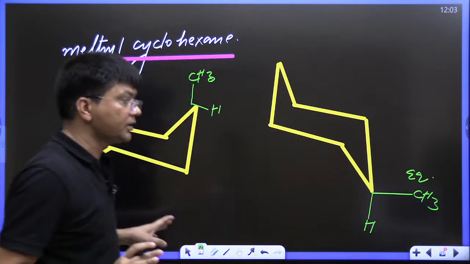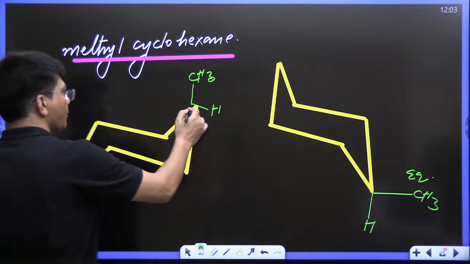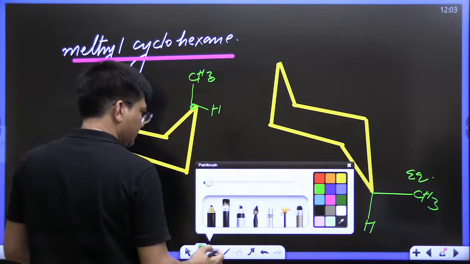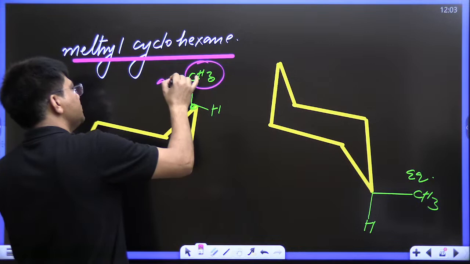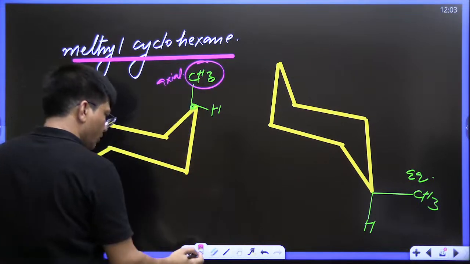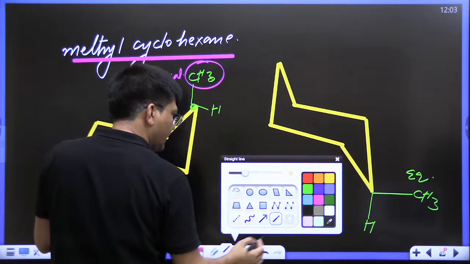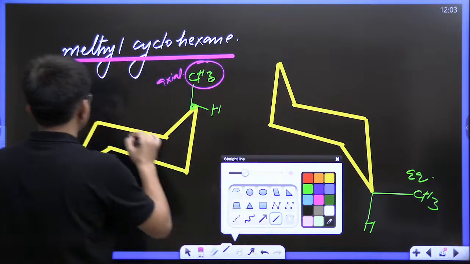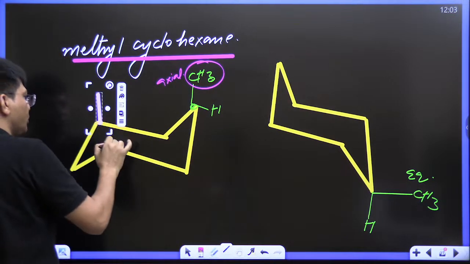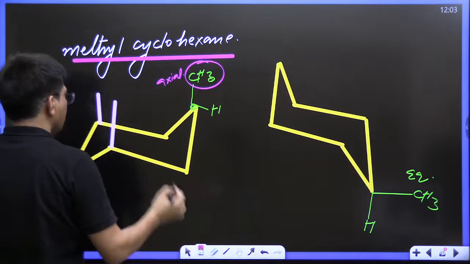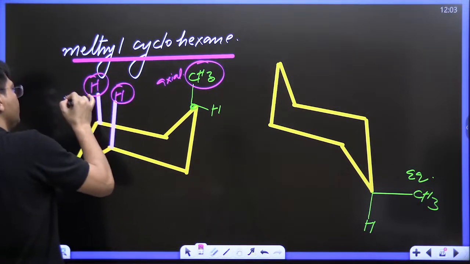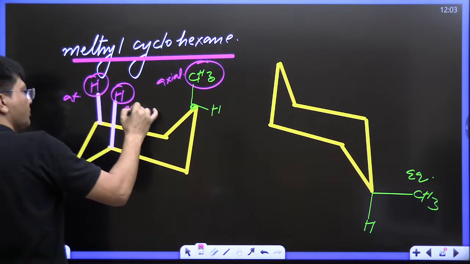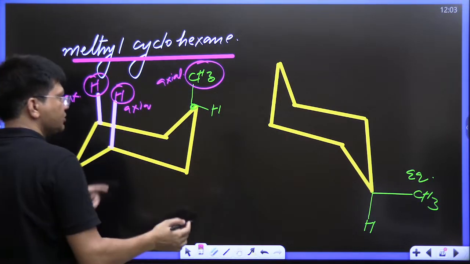Now try to understand kids, this is going to be really very important. One conformer has the methyl over here on the axial position. So this methyl will feel repulsion with these two hydrogens. As I have told you, they are also lying on axial. These two axial hydrogens will put force of repulsion on this methyl.